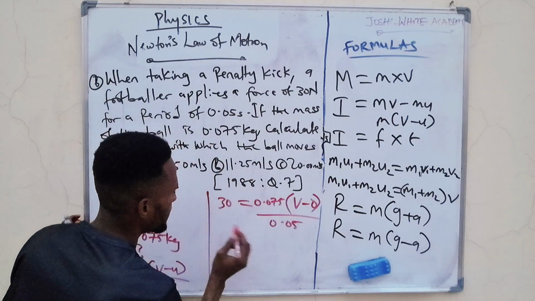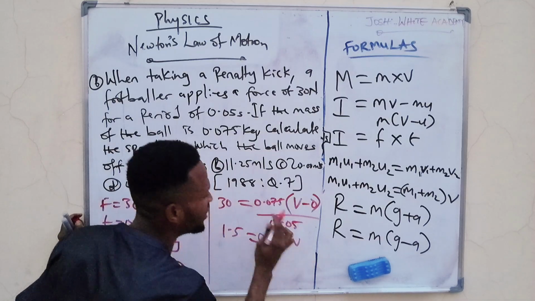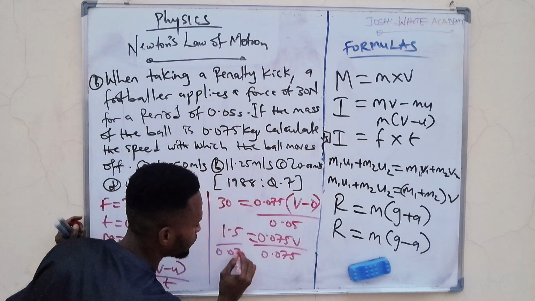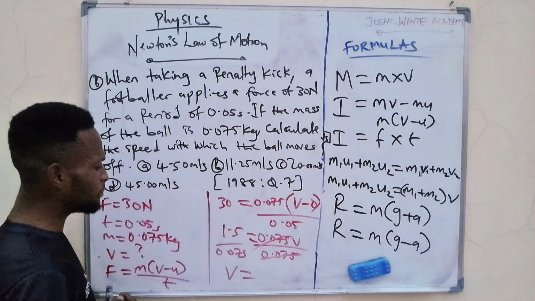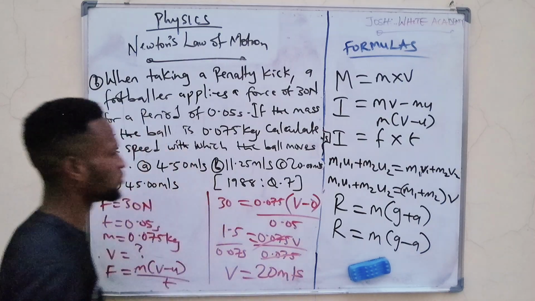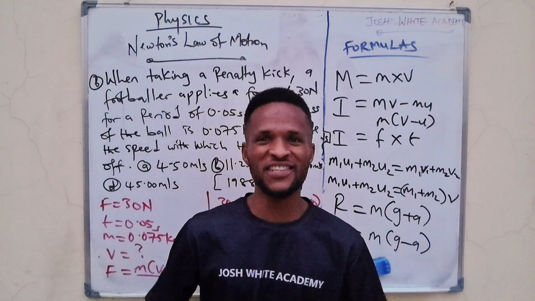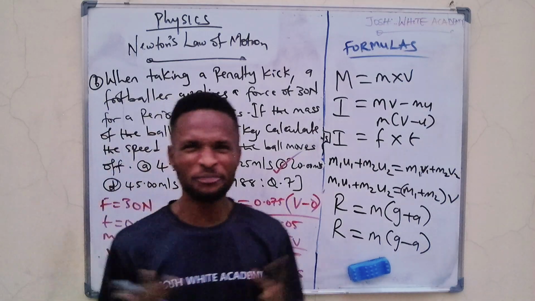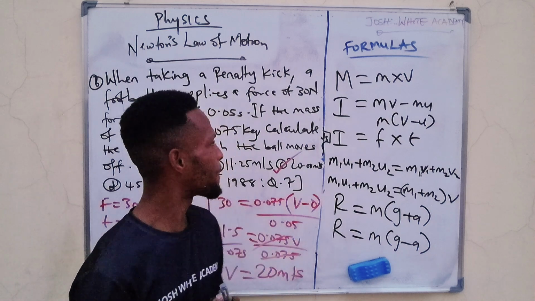So cross multiply, this will give us 1.5 is equal to 0.075 times V. So divide both sides by the coefficient of V. So 1.5 divided by 0.075 will give you 20 meter per second, which is what? 6. So future rockstars, this is all basically you need to know to crush your dynamics in your JAMB.